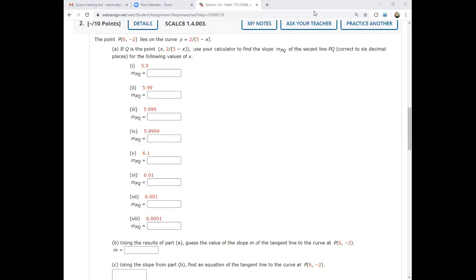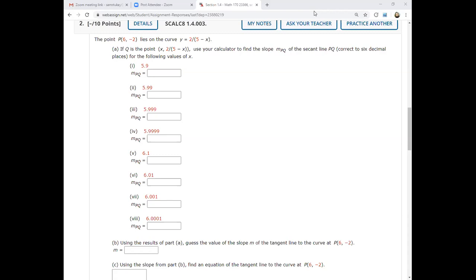So m is equal to 5 minus x times the entire numerator, and I'm going to do it term by term. So 5 minus x times 2 over 5 minus x is 2, plus 2 times 5 minus x, over 5 minus x times x minus 6, because I have to multiply the entire top and the entire bottom by 5 minus x.